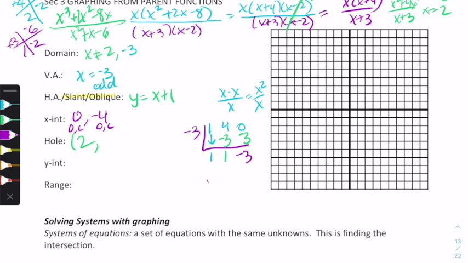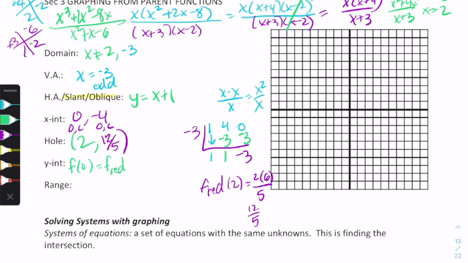So if I plug in f reduced of 2, that gives me 2 times 2 plus 4 gives me 6 over 2 plus 3, which is 5, so I get 12/5. So my y value from the reduced is 12/5. Remember, your hole is a lack of a point. The y-intercept, you can do f of 0 or you can do f reduced of 0. They will give you the same thing.